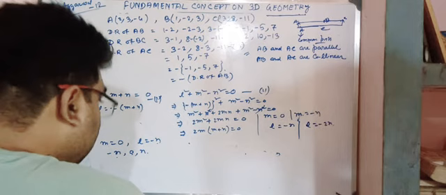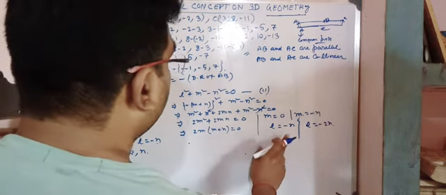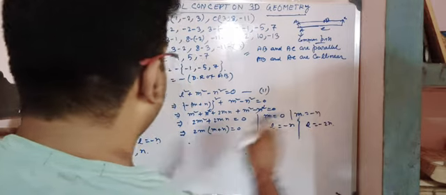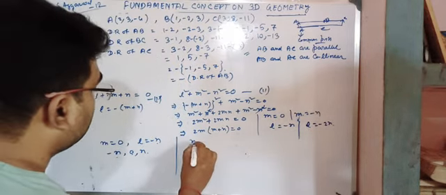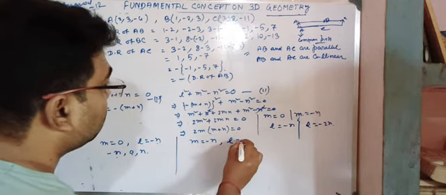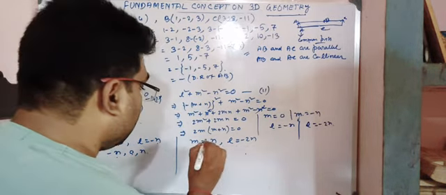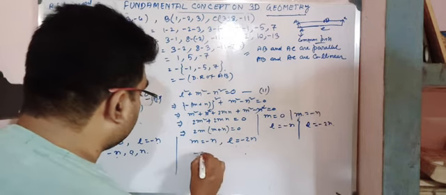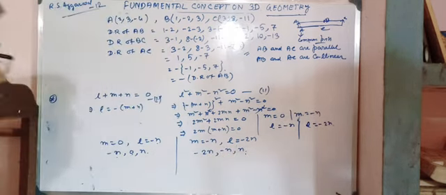Again, when we take l = -2n, m is how much? -n. We are getting l = -2n. So then the direction ratio in terms of n should be -2n, -n, n. These are the direction ratios.